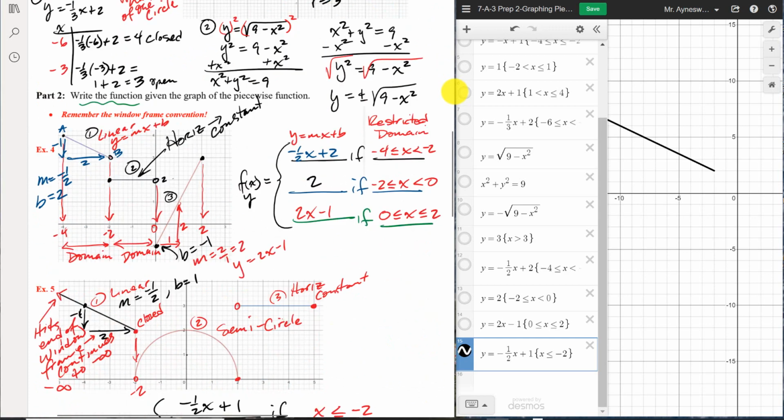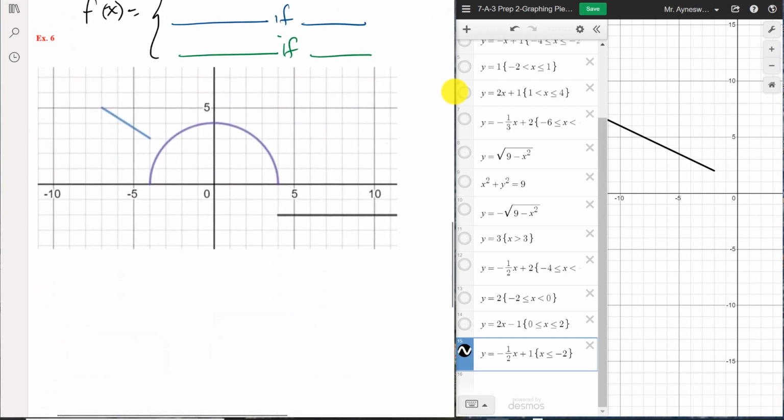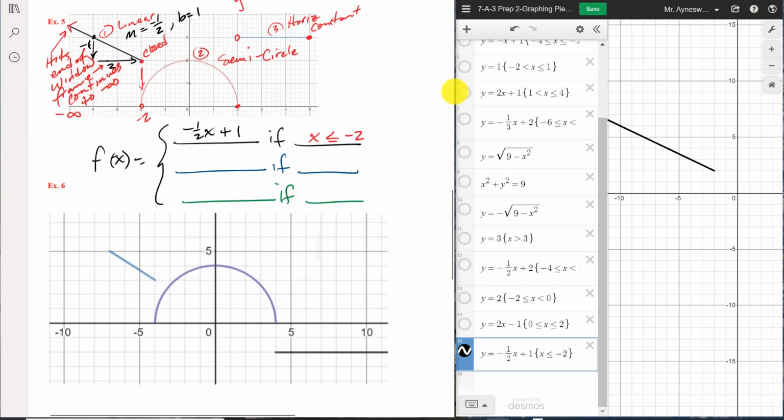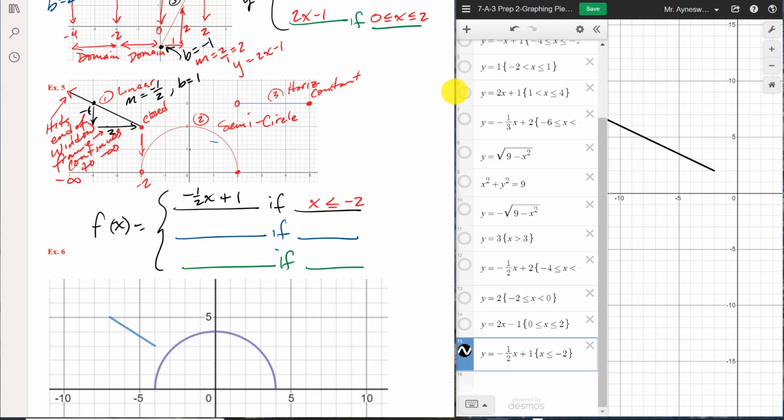You kind of need to know that because in this semicircle right here, I know that the radius, which is this distance right here, r is equal to 2. So for the semicircle, I know it's x squared plus y squared is equal to r squared, but r is 2. So we have x squared plus y squared is equal to 2 squared, or 4. And then if you solve for y here, you subtract x squared.